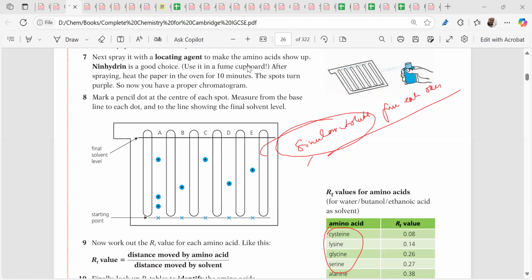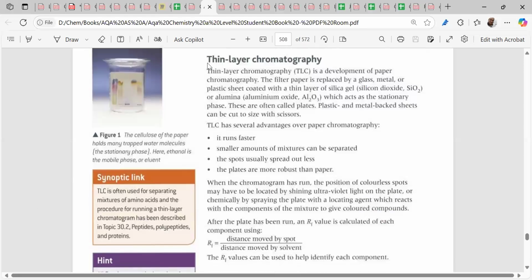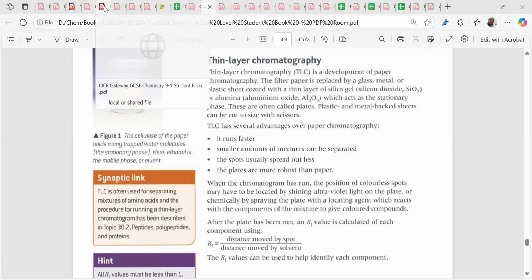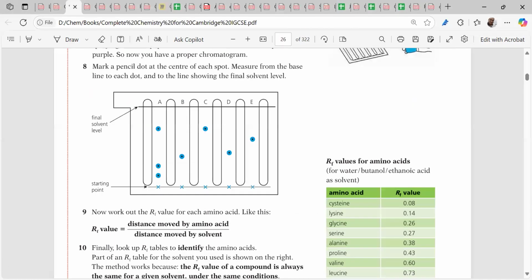Now, the first example is the thin layer chromatography, fondly called TLC. Just remember one bit, I forgot to tell you. When we talk about the RF value, RF value is the distance moved by the solute divided by the distance moved by the solvent.